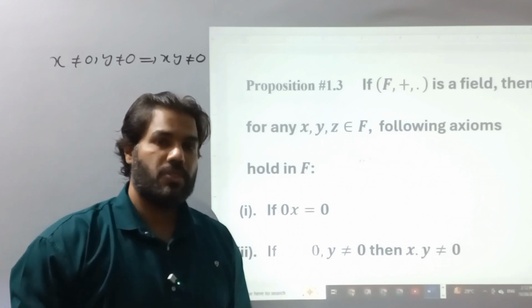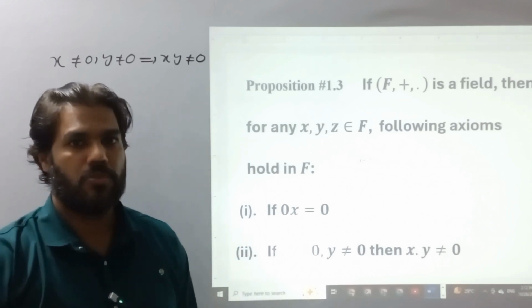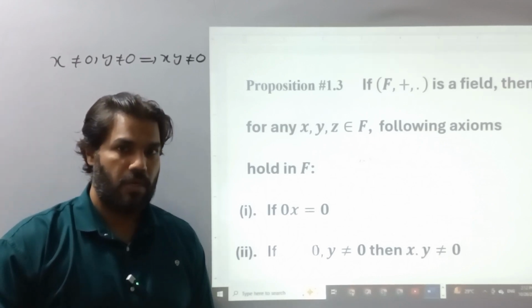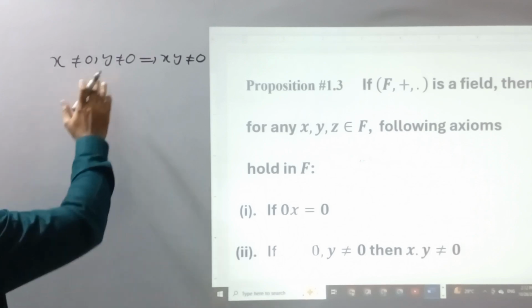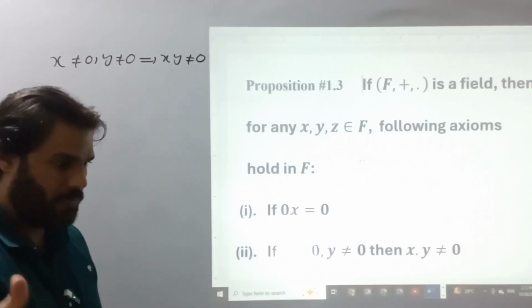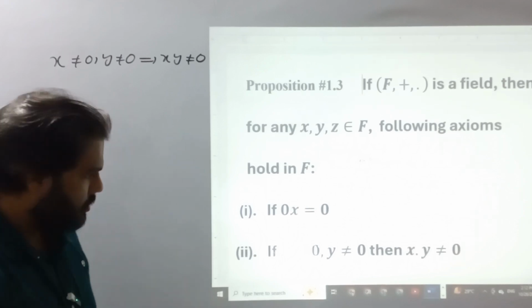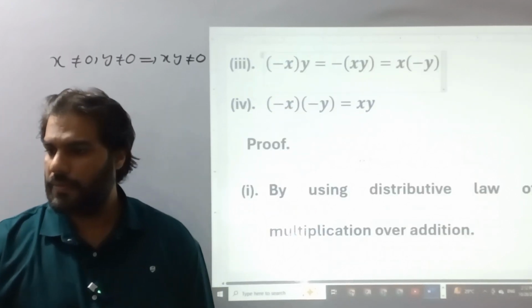For any two non-zero elements of any field f, we have to show that their product xy will also be non-zero. To prove the result, we will use contradiction. We will consider that x and y both are non-zero, but their product is 0.